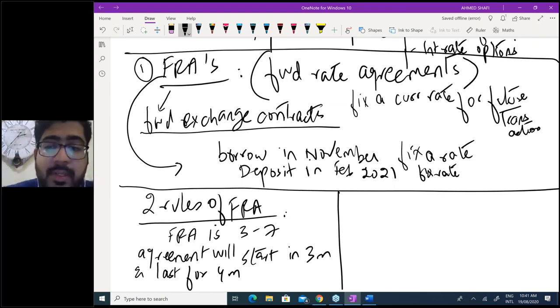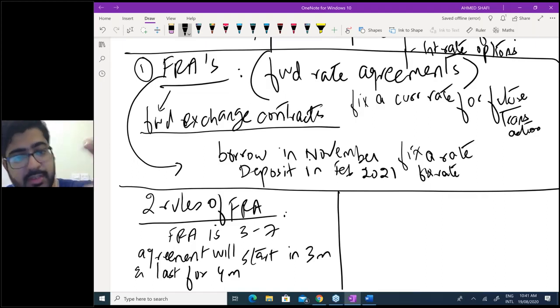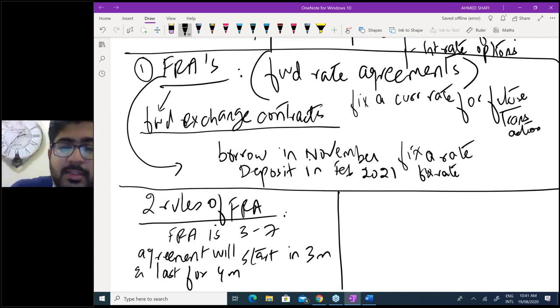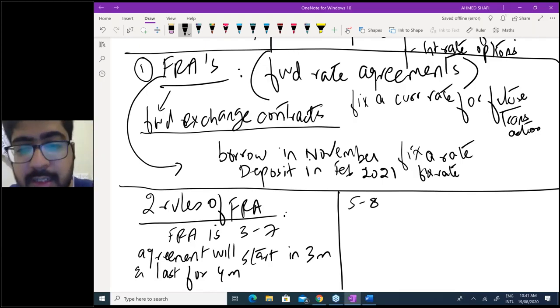Okay. Many people interpret it like that, that if FRA is 3-7, the agreement will start in 3 months and last for 7 months. No, that's not the rule. FRA 3-7 means the agreement will start in 3 months. The first digit is for the start, and it will last for the gap, 4 months. Okay, repeat. Let's suppose someone says FRA is 5-8. What does this mean?